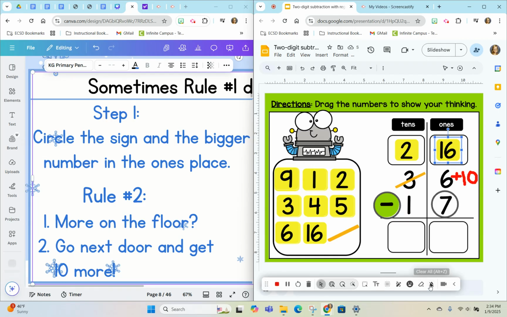So now we are no longer subtracting 6. We have 16 up top, which is very helpful. So what is 16 ones minus 7 ones? 9 ones. Right there. And now we go to our tens place. And we have 2 tens minus 1 ten, which equals 1 ten.